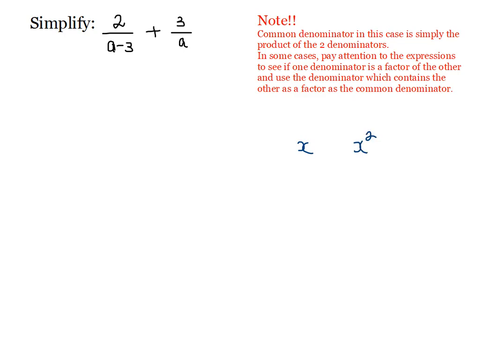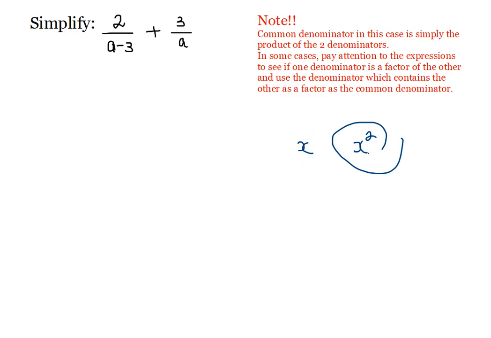In a case like this, because x squared contains a factor of x in it, your common denominator here would be x squared, because it can contain the factor of the other denominator, right?